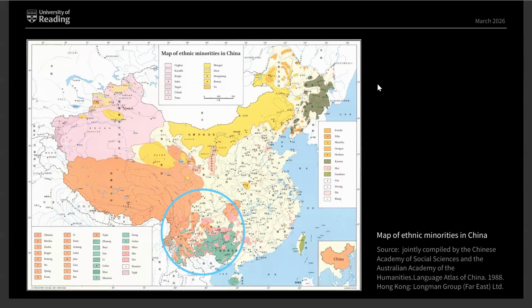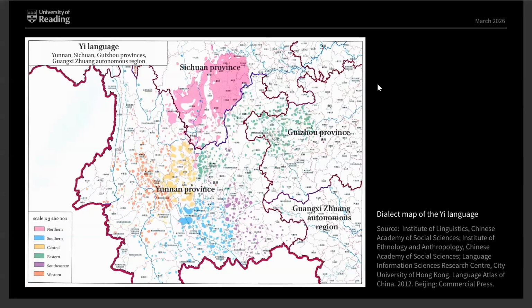If we look more closely, Yi is used across 4 provinces and regions: Yunnan, Sichuan, Guizhou, and Guangxi. The Yi language belongs to the Tibeto-Burman family, and it includes 6 major dialect groups. As shown here, the different colors represent different dialect areas. So, Yi writing develops across different regions and different spoken environments.